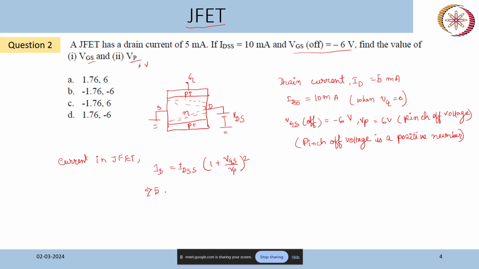So this is 5 milliampere, 10 milliampere, 1 plus VGS, which we have to calculate, and VP is plus 6 volt. VP is a positive quantity.